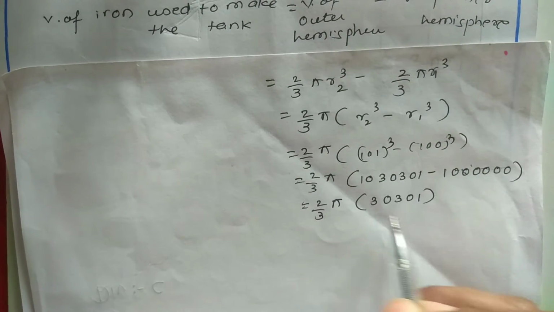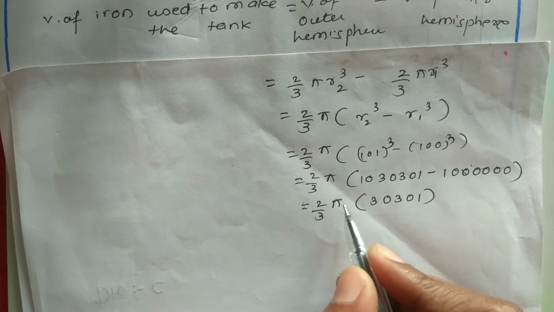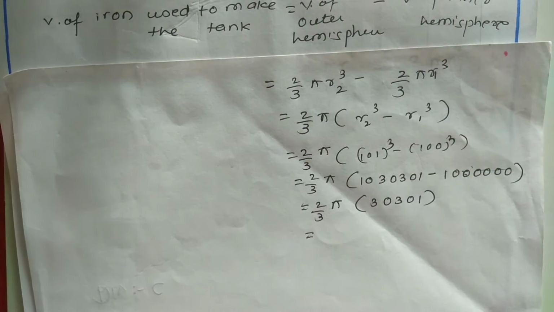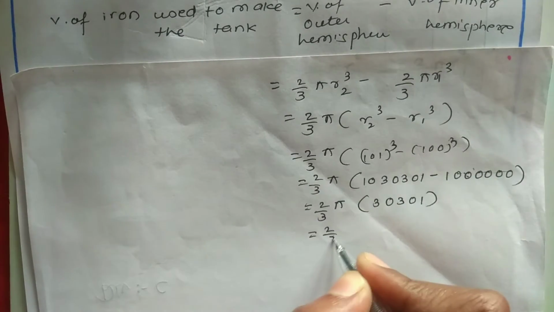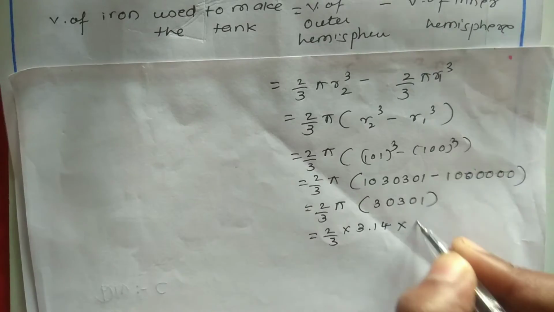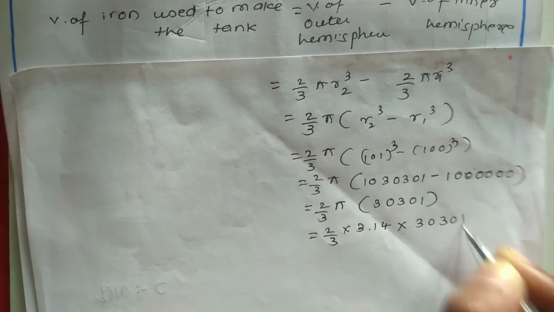Suppose if you know that this is a multiple of 7, then you can take 22 by 7; otherwise you can take 3.14 and solve this. For 2 by 3 you can take 22 by 7, or directly 3.14 into 30301.